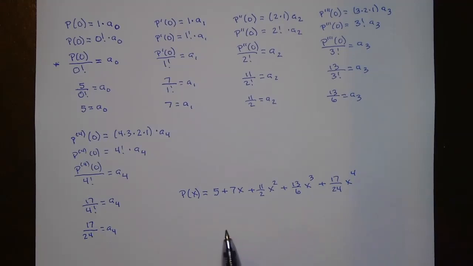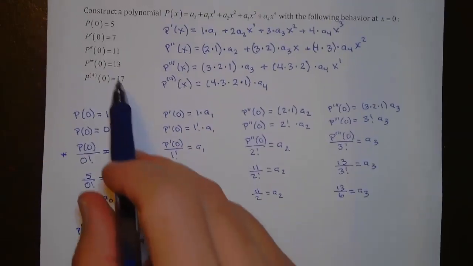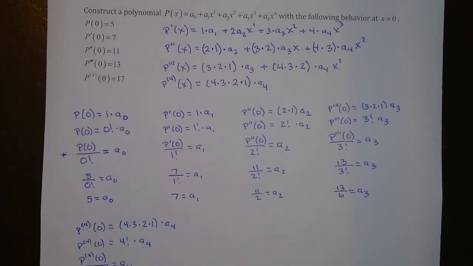And if we took the first, second, third, and fourth derivatives and put 0 into this polynomial for those derivatives, we would get all of these values out. Turn the page and we'll go to the next one.